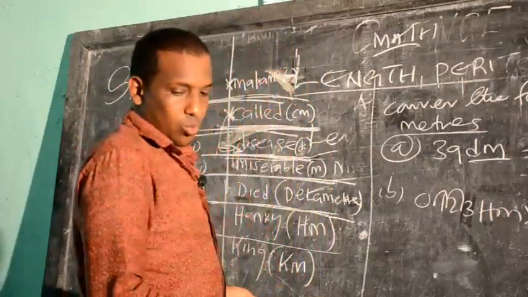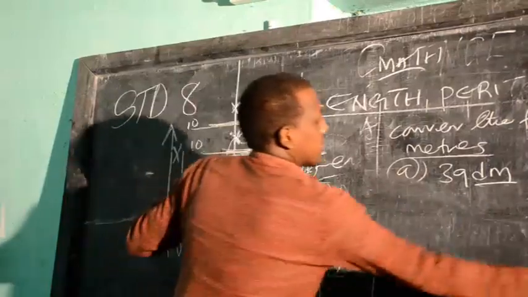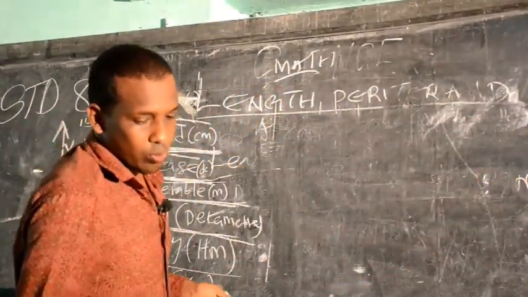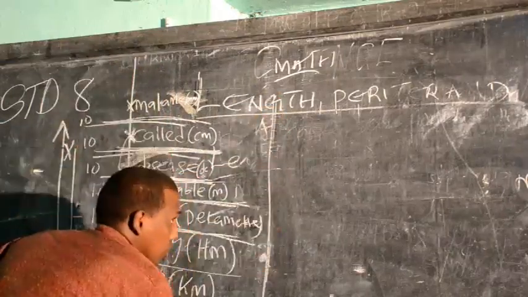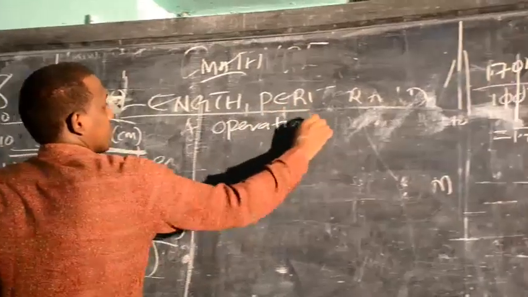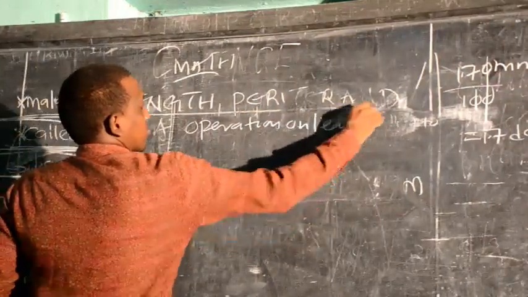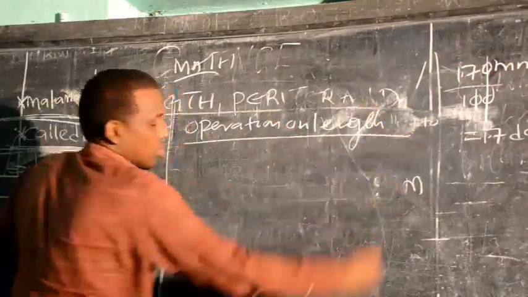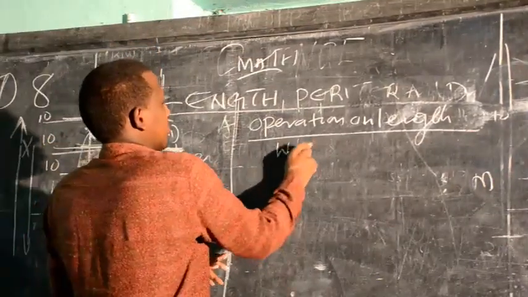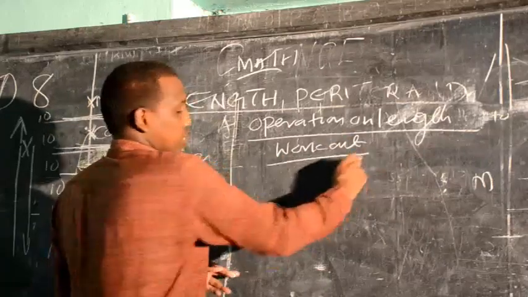So let us go to now another thing. Operation on length. Let us go to now operation on length. Then you are told work out, in the exercise in your textbook.